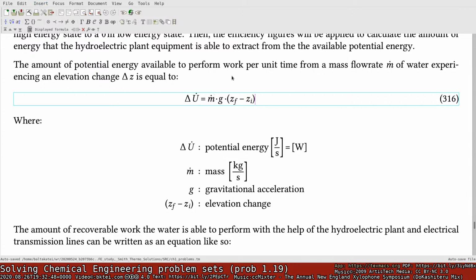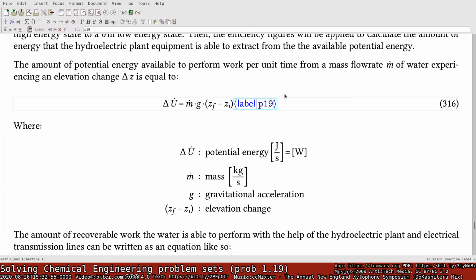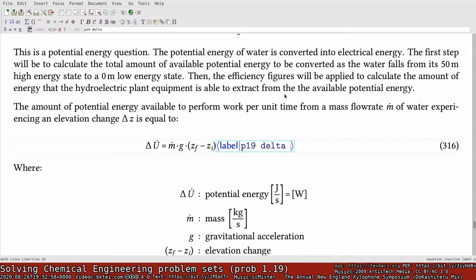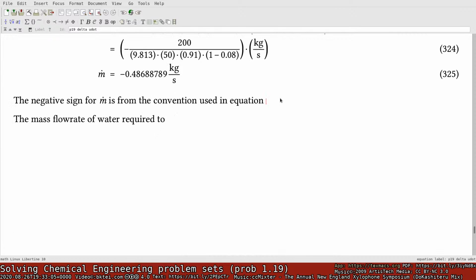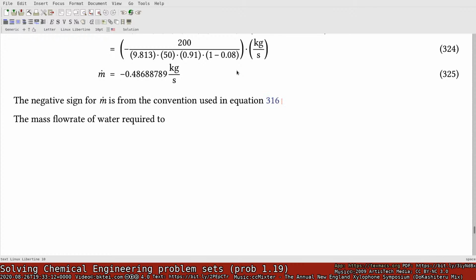Delta U. Problem 19. Delta U dot. Work is where the potential energy change is of the water.